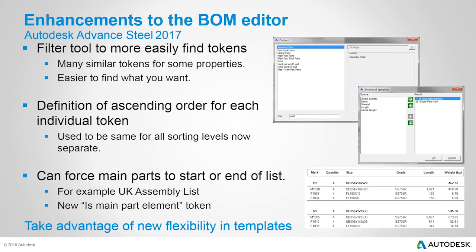We've sorted there by the isMainPartElement token, which I've included in the line as a hidden field, and I've sorted that descending. So that means that the main part always becomes the first part listed under each assembly. So rather than M coming after F alphabetically, now the main part, whichever one it is, is always the first one listed under each assembly. So that can give you finer control and fine-tune your lists to give you neater and better output.